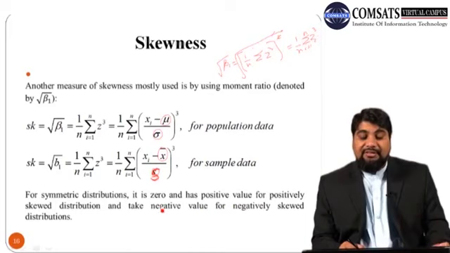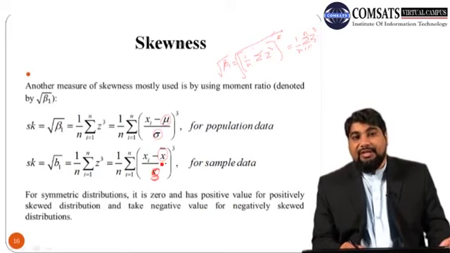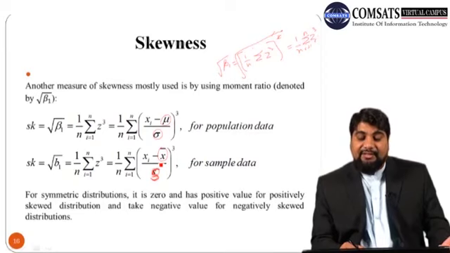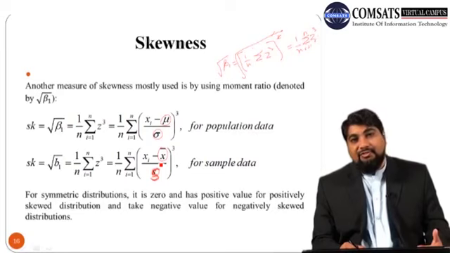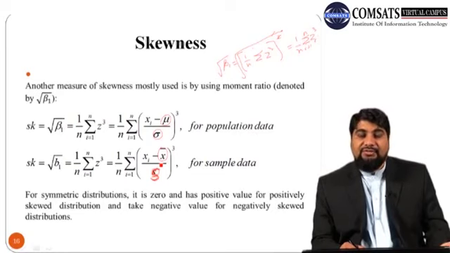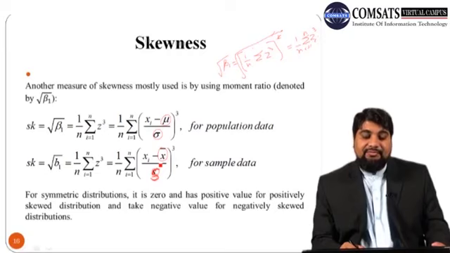So using this formula we can calculate skewness and tell whether our distribution is positively skewed. If the value is positive, it means positively skewed, and if it is negative, negatively skewed. If it is 0, we will say that the distribution is symmetric. So this is one very important formula.